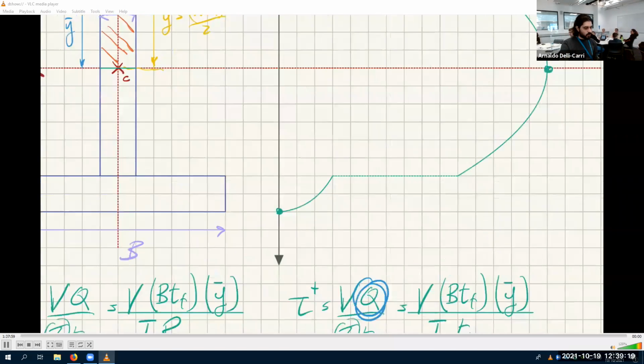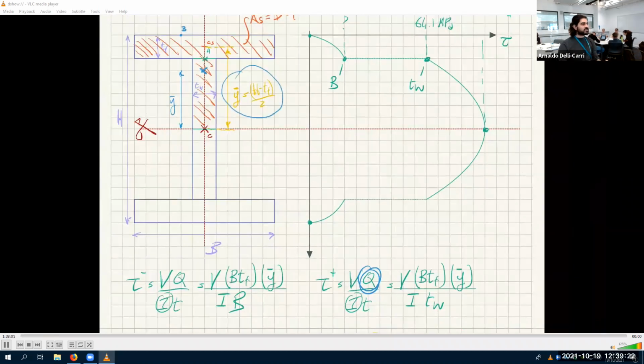Because of course that Y bar is continuously increasing as you scroll down from B downward. But once you overtake point C, the centroid, that Y bar starts decreasing. That's the idea. Okay, test it for yourselves, but even easier if you take a rectangular section.